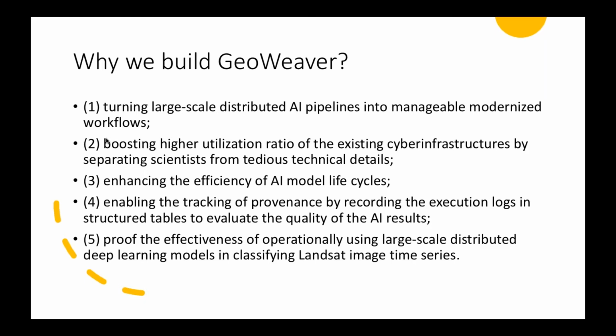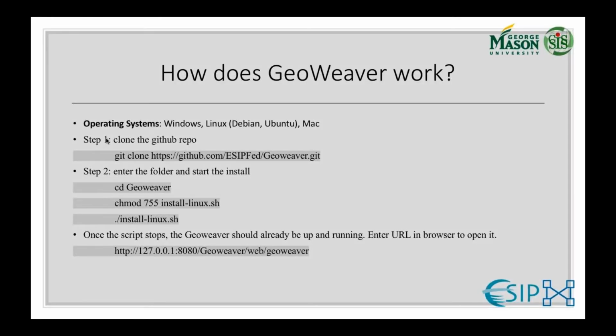So how does Geoweaver work? Right now it can be installed on Windows, Linux, and Mac, so it's compatible with all the mainstream operating systems. And the installation is very simple. The first step is to clone this GitHub repository using this command in your terminal. I think if you are using a Mac, that will be very simple.